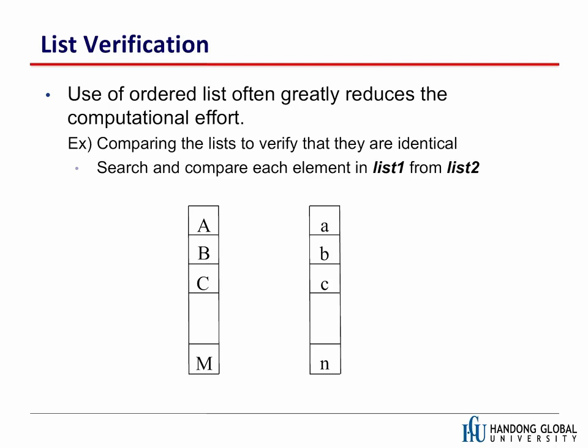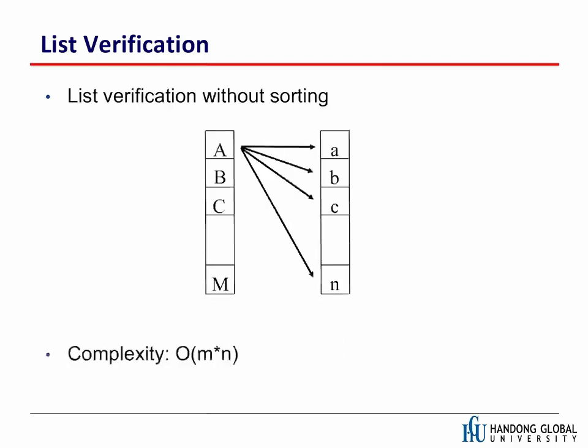So we have a list 1 and list 2, and we want to search and compare each element in list 1 and list 2. So what should we do here? If the two lists are not sorted, then without sorting, let's try list verifications. We have to check if this element is in this list.